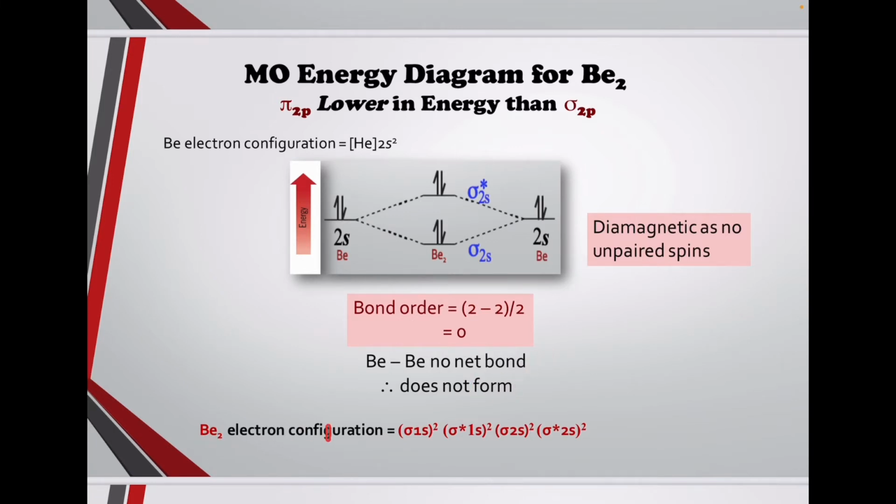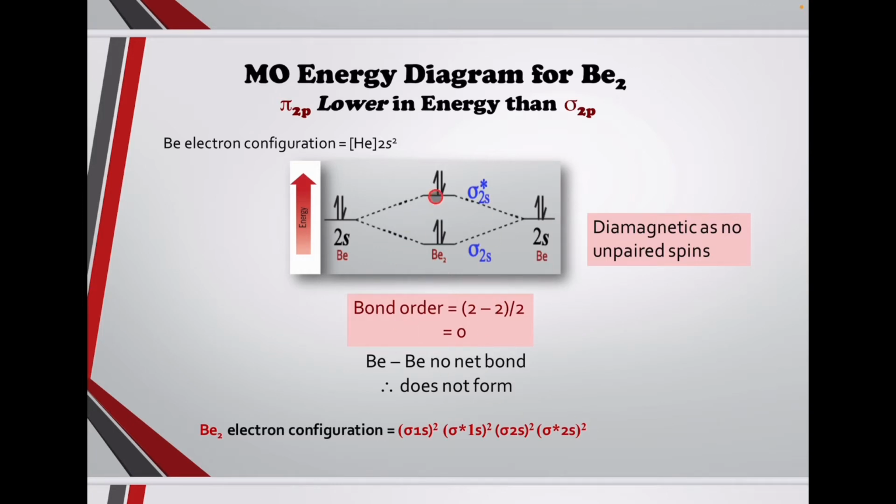Be2 electron configuration, we need to start with the 1s: sigma 1s2, sigma antibonding 1s2, sigma 2s2, and sigma antibonding 2s2.